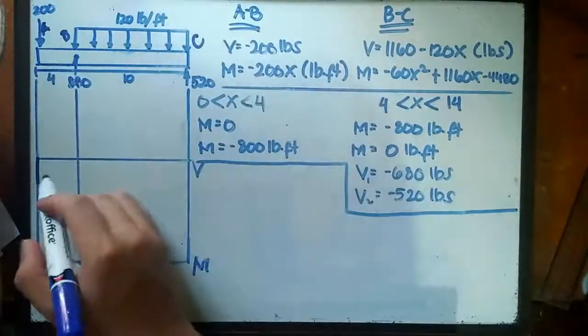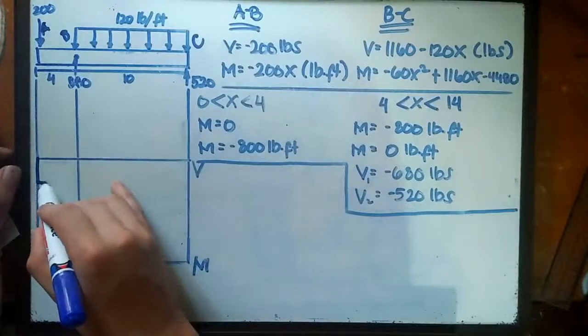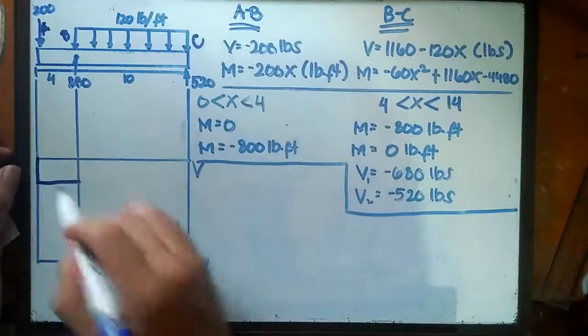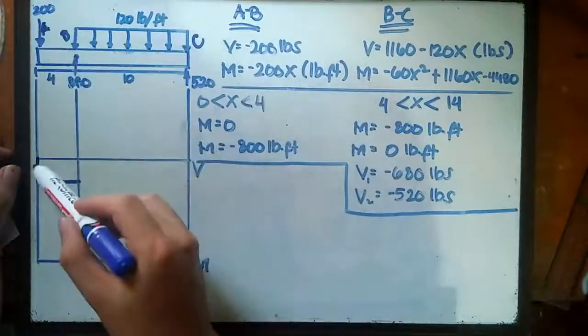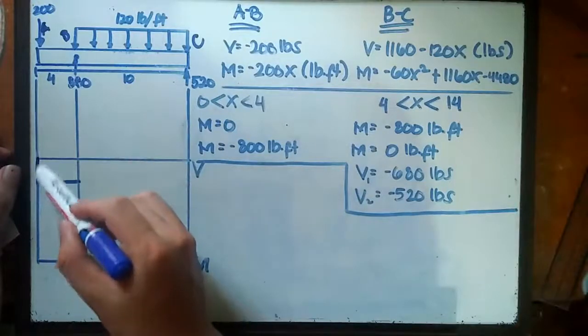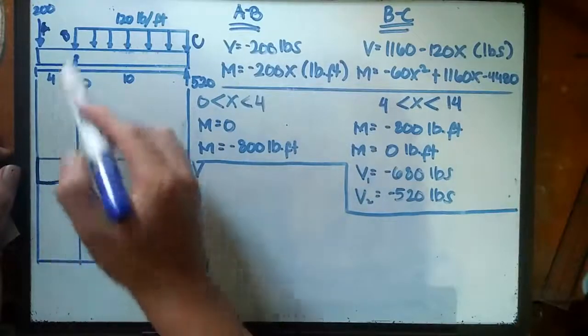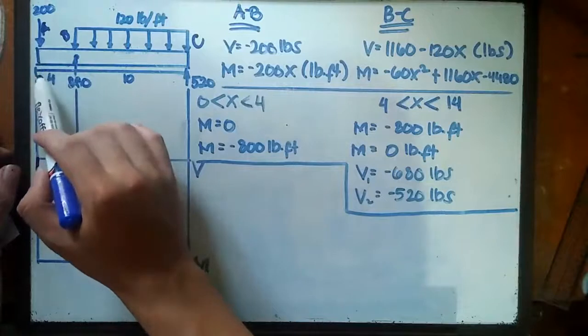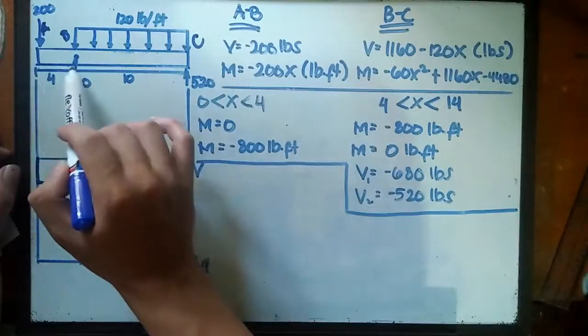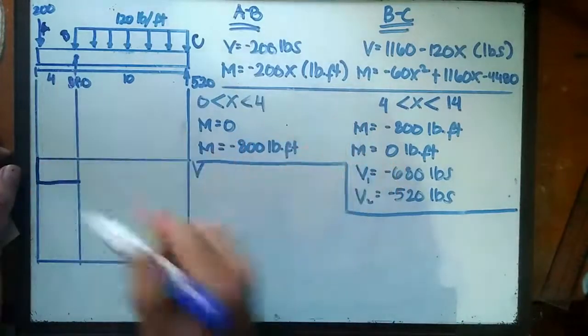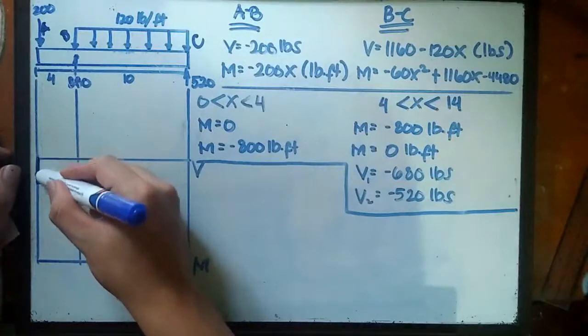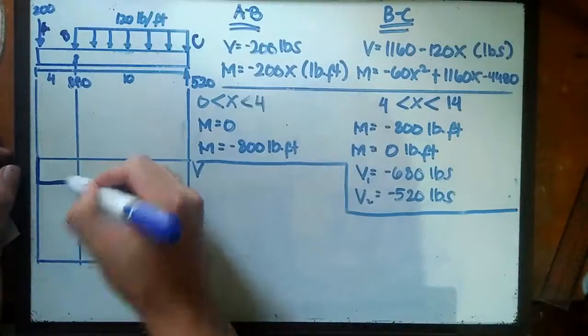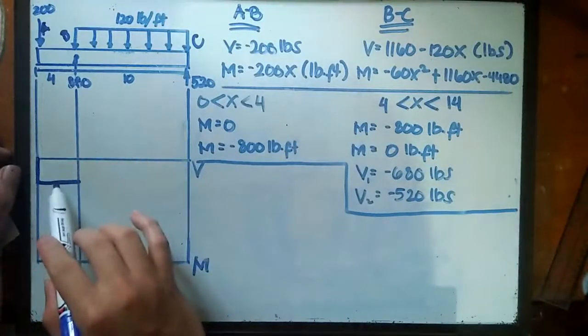So we can move on without any change, because the 200 pounds remains constant, and no other forces interact with this length from 0 to point B, which has a measurement of 4. So we can simply graph it like this, because nothing much is happening here.